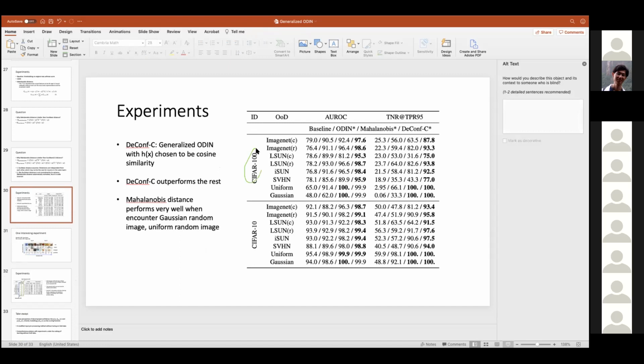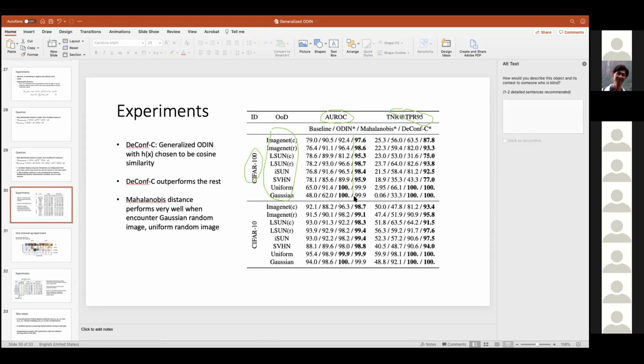We can see, for example, this is the in-distribution data, and they train the model on it and test it on these rows of out-of-distribution data, and they calculate the area under ROC and the true negative rate at a true positive rate of 95%.